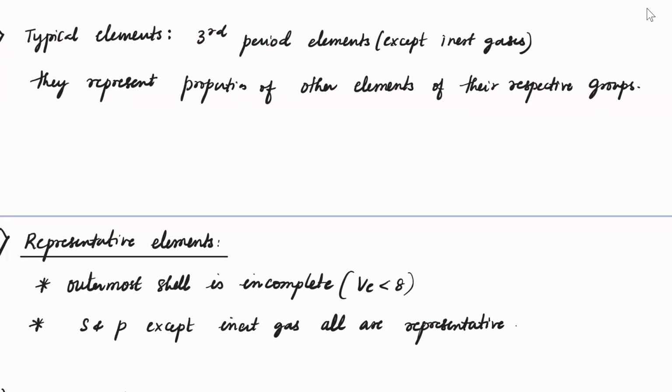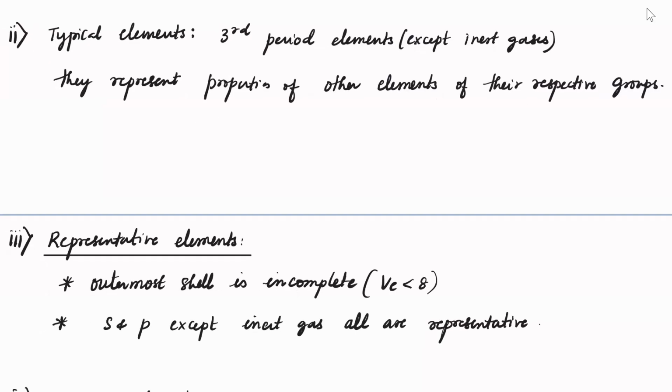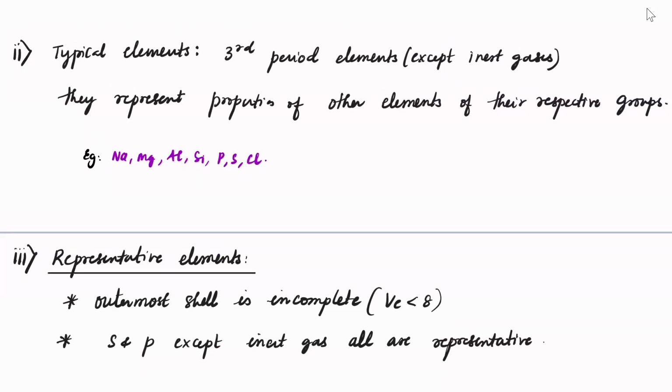That's why they are called typical elements. Examples: sodium, magnesium, aluminum, silicon, phosphorus, sulfur, and chlorine. These are typical elements, right?